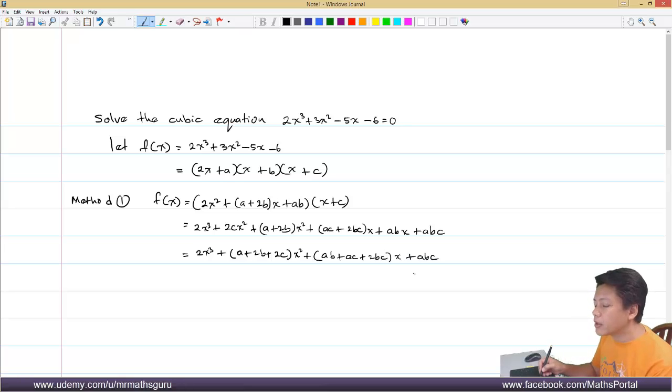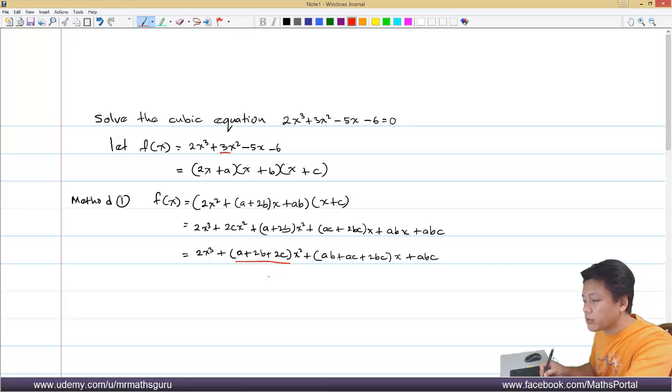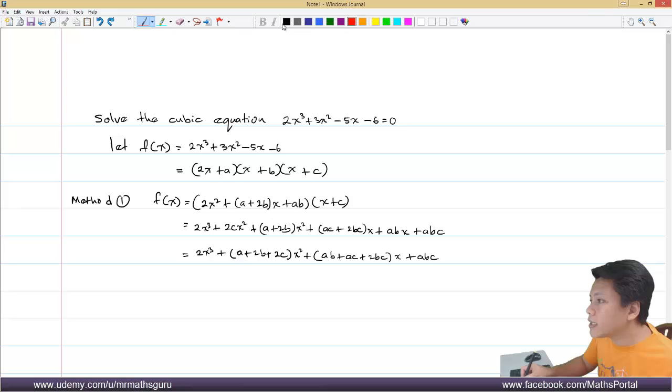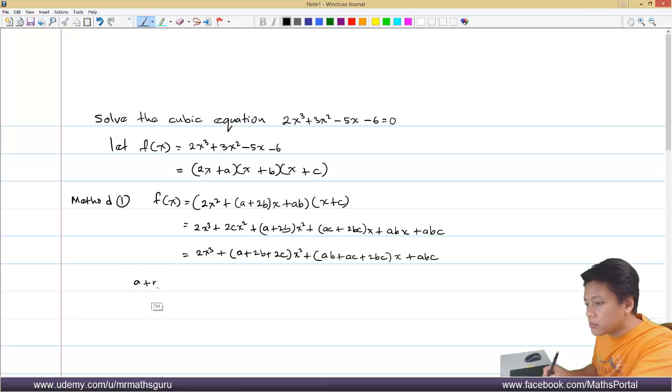Now it is time for us to map the coefficients. The coefficient of x cubed is the same, so we need not consider it. But take a look at the coefficient of x squared. That is something we can equate. So a plus 2b plus 2c is equal to the coefficient of x squared in the original expression, which is 3.